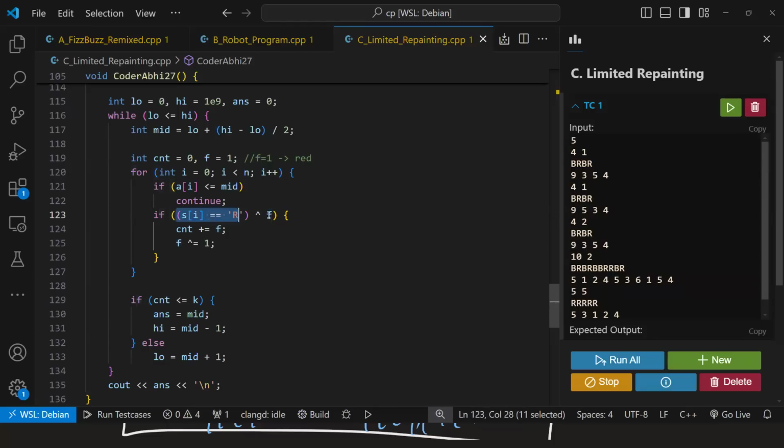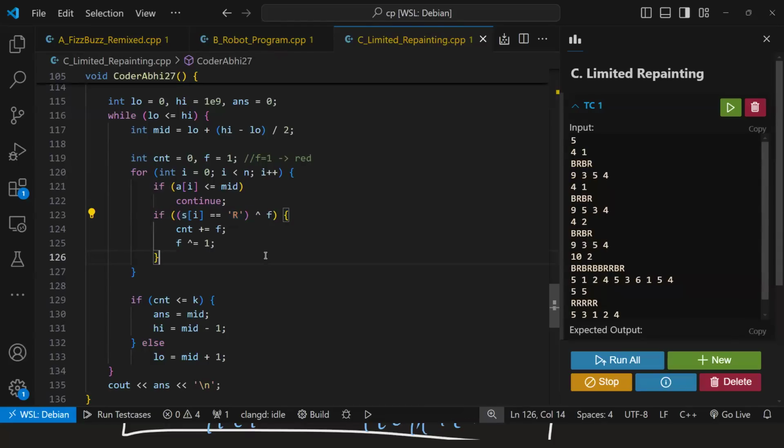So this would become true only if this is 0 and this is 1, or if this is 1 and this is 0. You can write this in the form of AND/OR if you feel it is simpler. I just wrote it in the form of OR. So this denotes that I'm getting a color change from red to blue or blue to red.